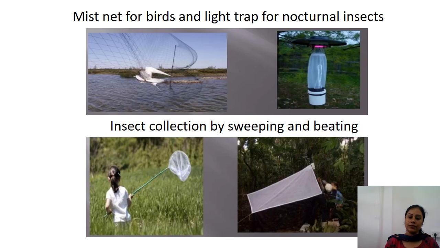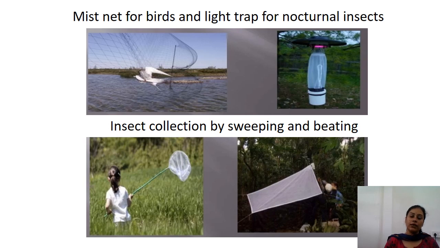There is a light present inside this trap, and due to the light the nocturnal insects are attracted towards it, and after that we can collect those insects.